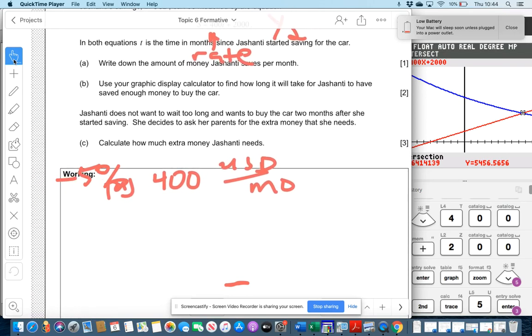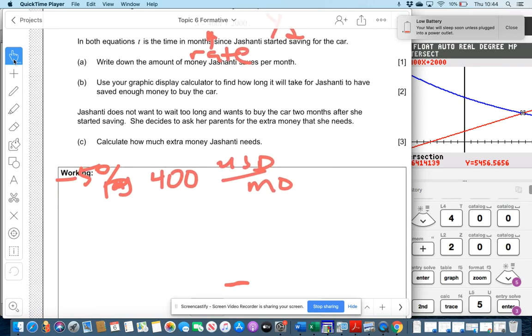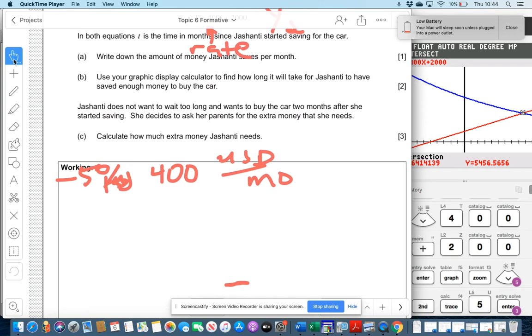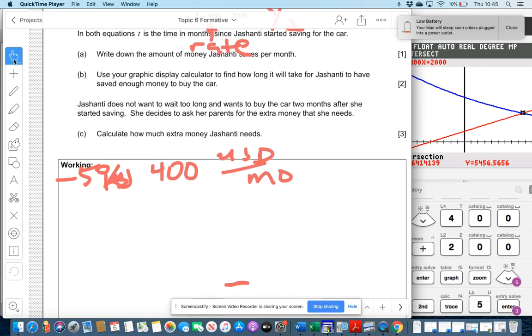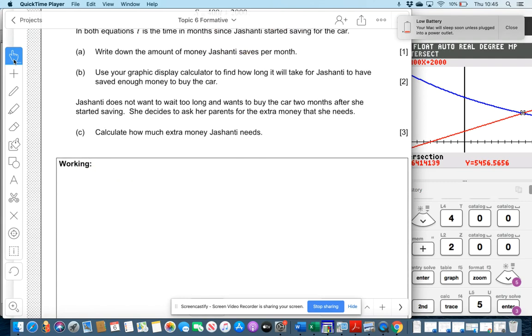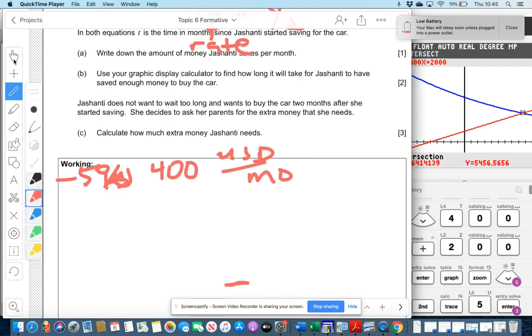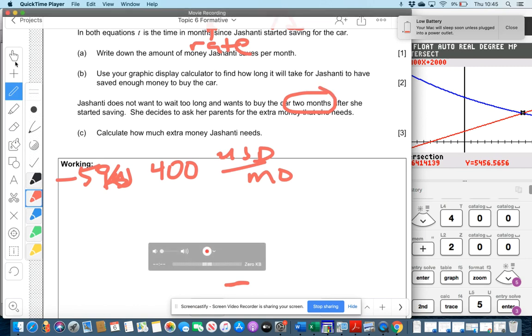Jashanti does not want to wait so long, buys the car early, and she wants to see how much money she needs. Okay, so basically we got 2 months here. 2 months is going to be our variable where we're going to evaluate it. So I'm going to evaluate both of those functions at 2 months.